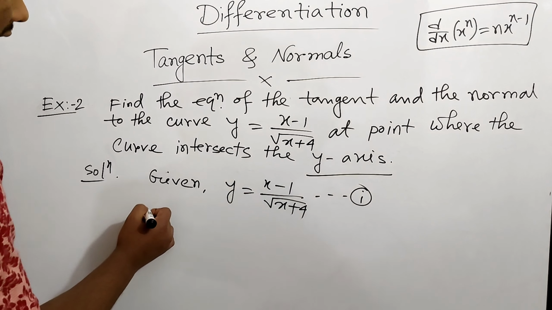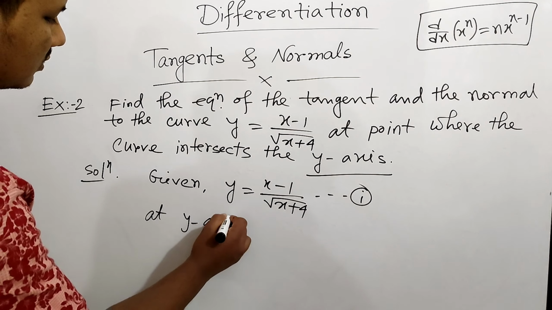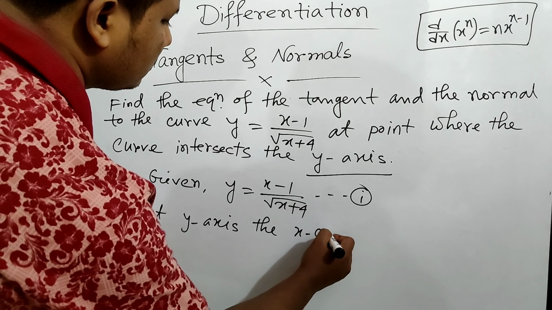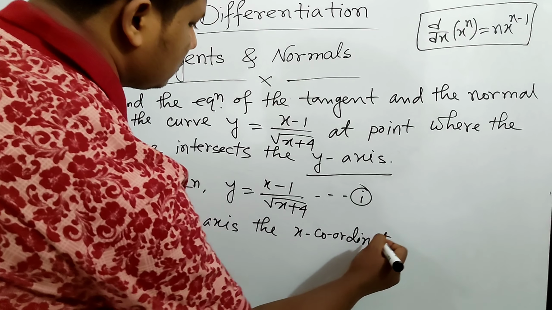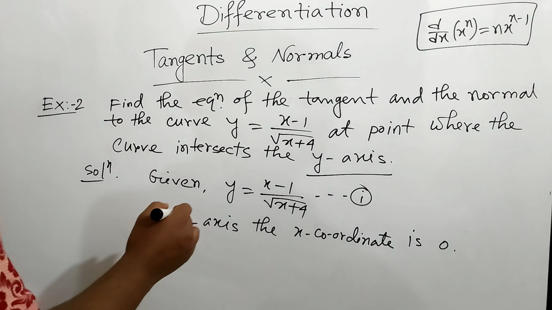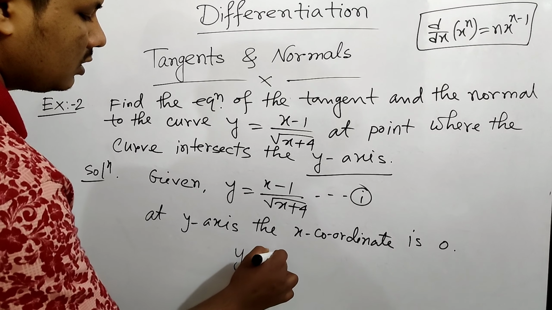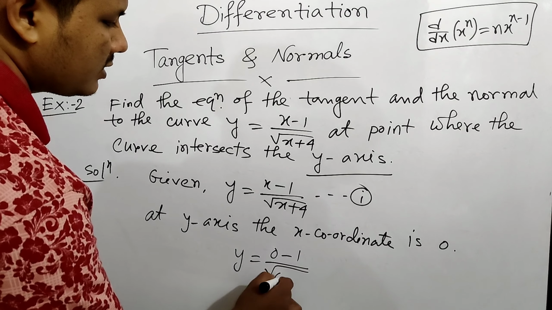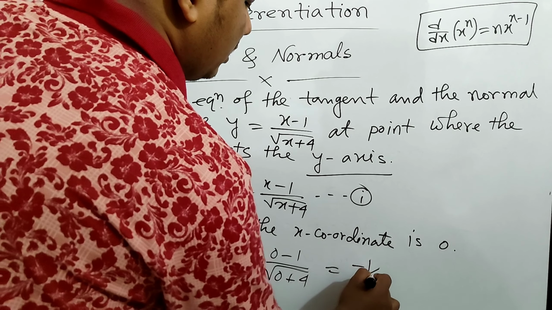So at the y-axis the x coordinate is 0. That means y equals (0 minus 1) over root of (0 plus 4), or you can say negative 1 over 2.